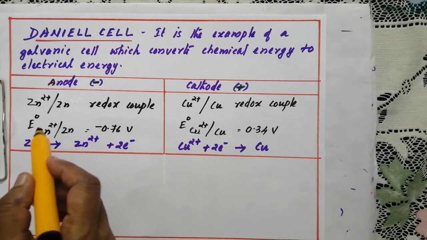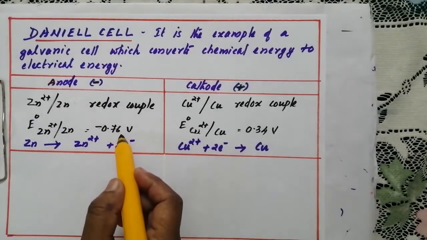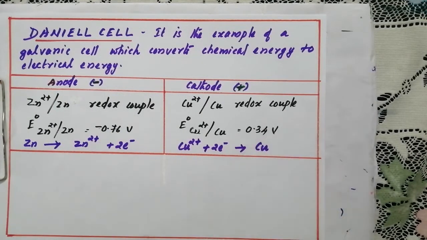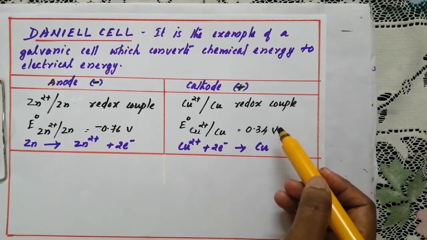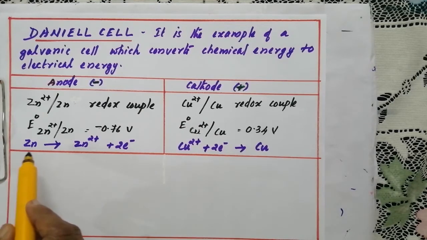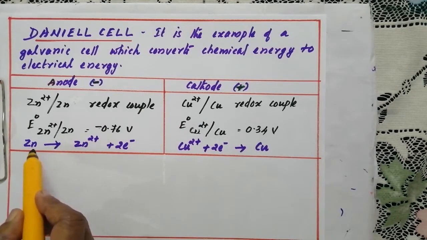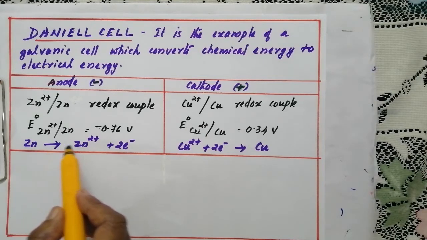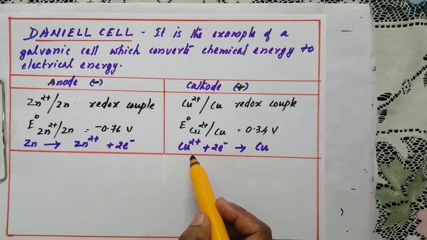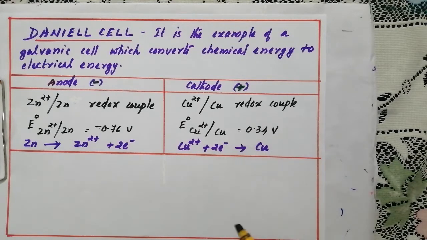The E0 of zinc redox couple is minus 0.76 volt, whereas that of copper redox couple is 0.34 volt, which is higher than the E0 value of zinc redox couple. The oxidation reaction of the zinc redox couple is represented as Zn giving Zn2+ + 2 electron, whereas the reduction reaction is Cu2+ + 2 electron giving Cu.